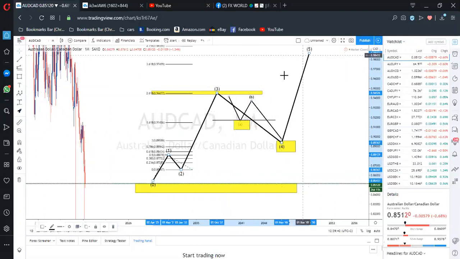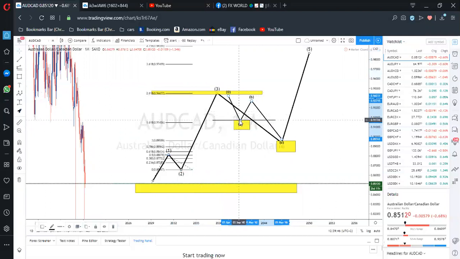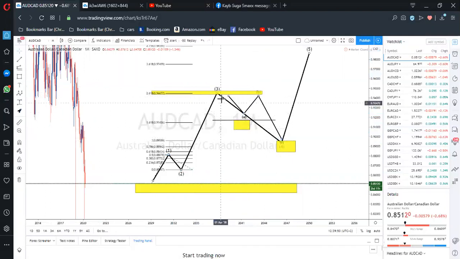Let's just move this way. Let's make it look proper. Yeah, it would look something like this if it's at the 261.8. That's how you measure it with Fib numbers, Fibonacci numbers. You should just research what Fibonacci numbers are.